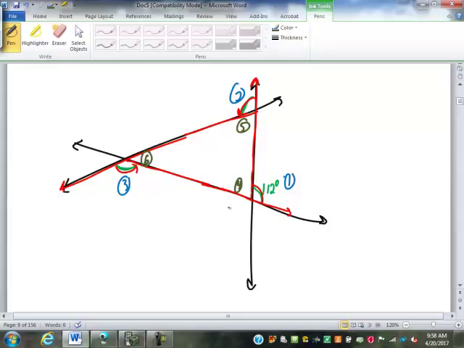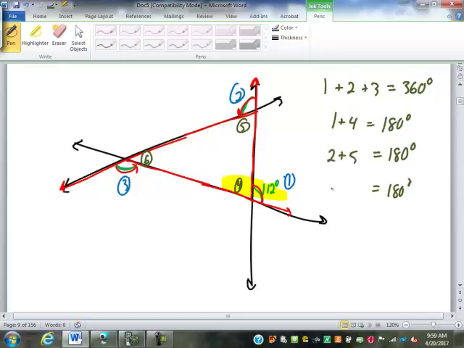Angles 1 and 4 have to add up to how much? Yeah, 180. They make a straight line, right? So I've got 1 plus 2 plus 3 is 360 degrees. 1 and 4 is 180 degrees. Any other combinations that have to add up to 180? 2 and 5, and 3 and 6.